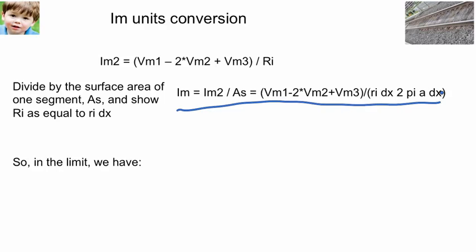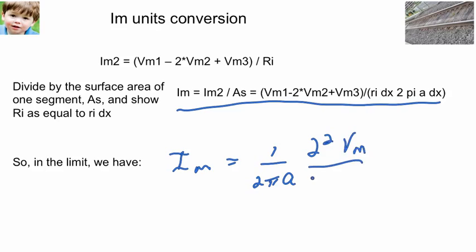If, on the other hand, you're thinking of the problem mathematically, or looking in a reference book that shows the result mathematically, or lots of times just in discussions of the problem, you get this result that says Im goes as 1 over 2 pi a times d squared Vm dx squared.